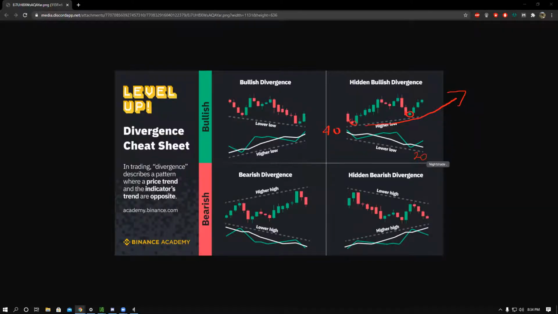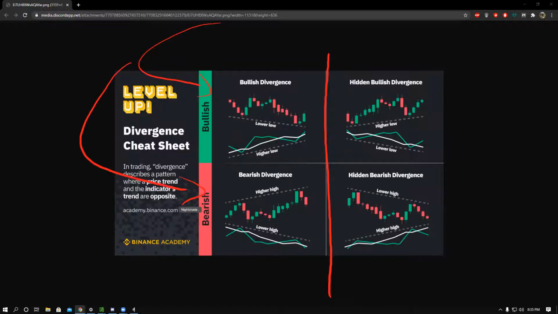That means that you're reaching your oversold value at a higher price level, which shows you huge strength in your price, which means it's almost certain that your price can continue upwards.